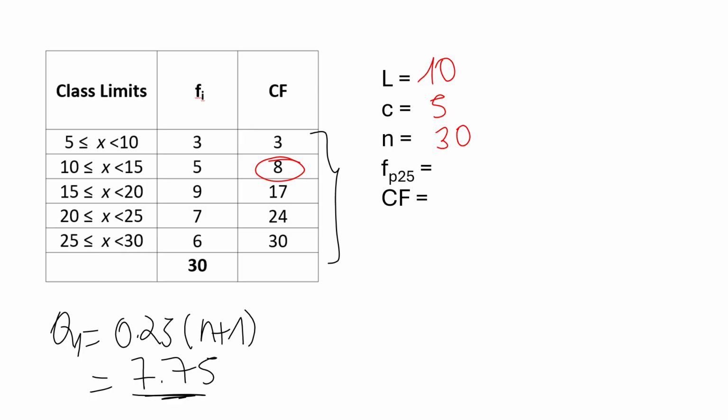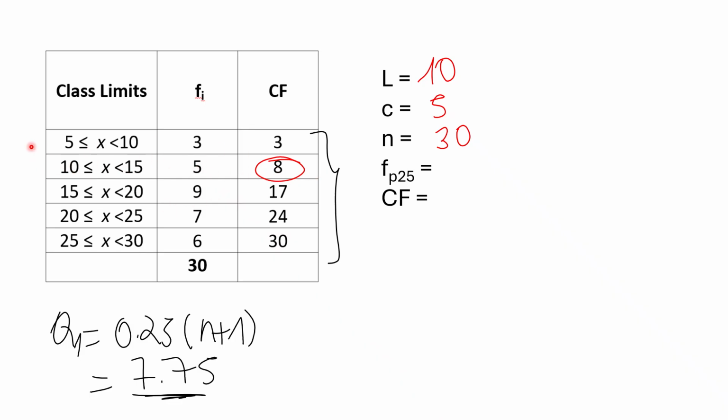Now for the frequency of the percentile. The frequency of the percentile is 5, because remember we take 8, so this row is considered our frequency for the 25th percentile.